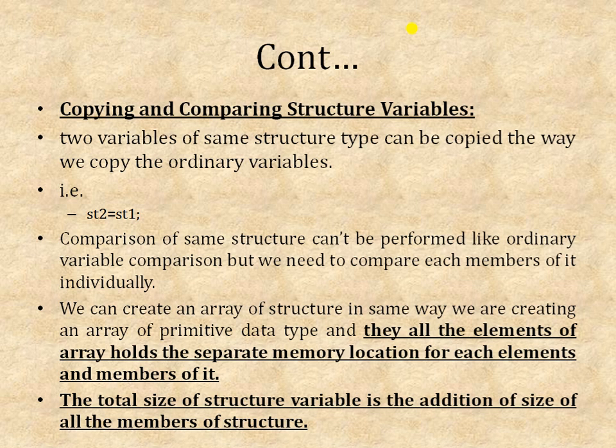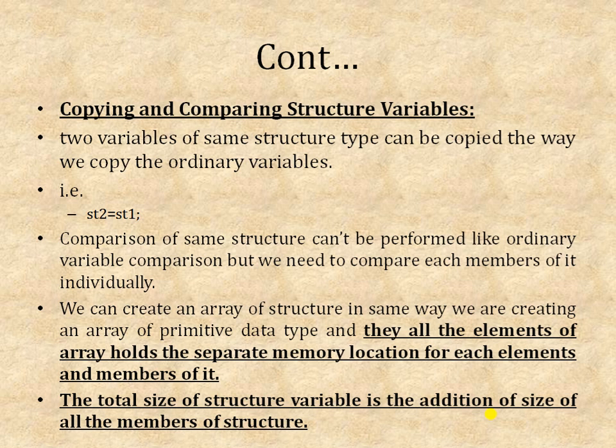It creates an array of 10 elements. Similarly, we can create an array of structure by writing struct student st[10], which creates 10 separate variables being identified by its index value.